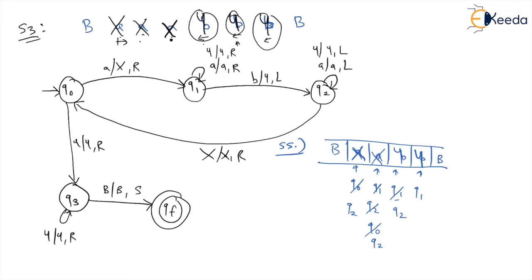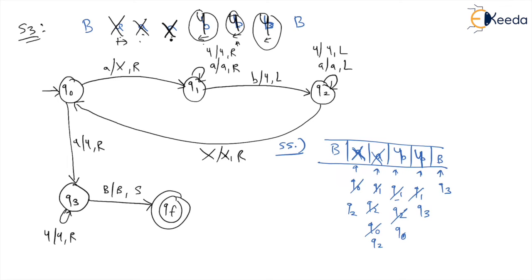And now in state Q0, when you receive a Y for the first time, it will keep it as Y, move to the right to state Q3. In Q3, for all of the Y's, it will keep it as Y and move to the right and remain in Q3.